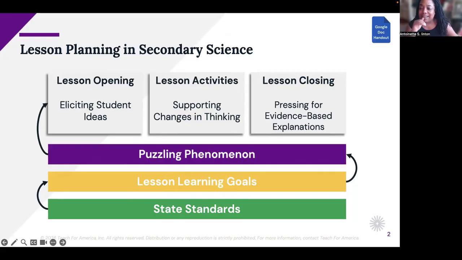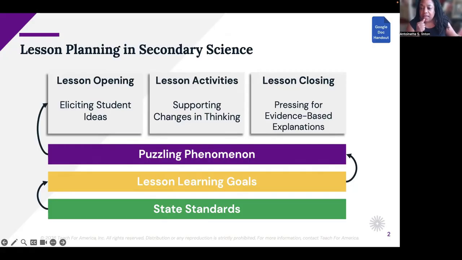It's about designing opportunities for students to investigate, reason, revise ideas, and make meaning over time. And as teachers, that means our job is not only to deliver instruction, it's to interpret student thinking, make instructional decisions, and create conditions where students can actively figure things out.